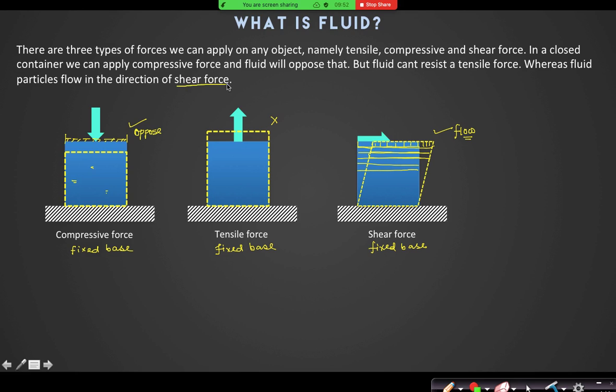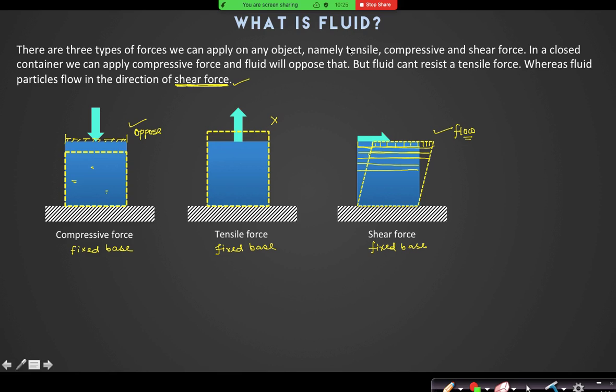You should always remember this property of fluid in this chapter, in case of fluid flow or fluid static, it will be very helpful when we analyze situations. No shear force means fluid will be at rest, and if there is a shear force, definitely fluid particles are going to move along that direction.